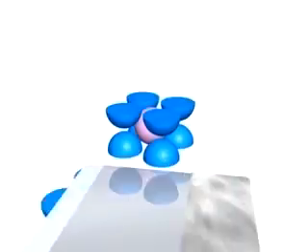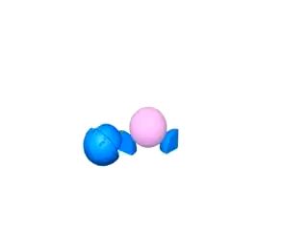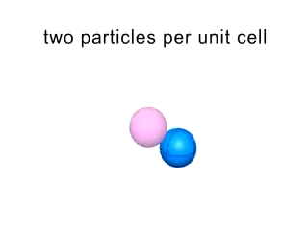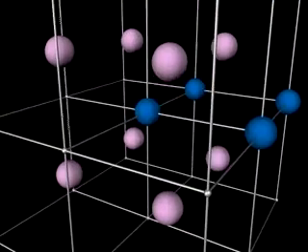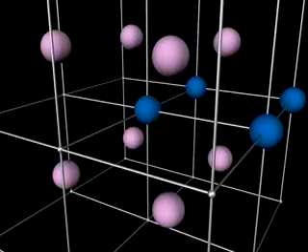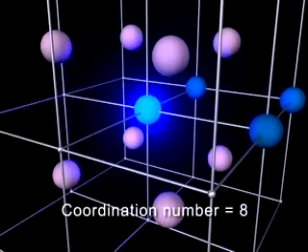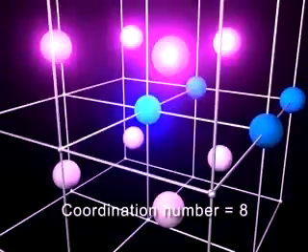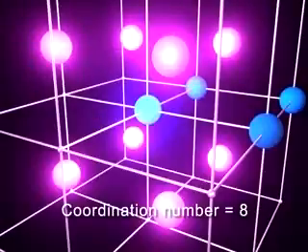The actual unit cell consists of portions of the corner particles and the whole one in the center. 8/8 give 1 particle, and the one in the center gives another, for a total of 2 particles. In this tiny portion of a body-centered cubic array, you can see that any given particle has 4 nearest neighbors above and 4 below, for a total of 8 nearest neighbors.